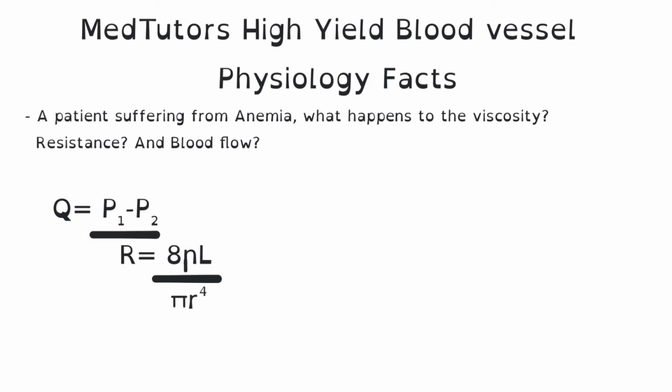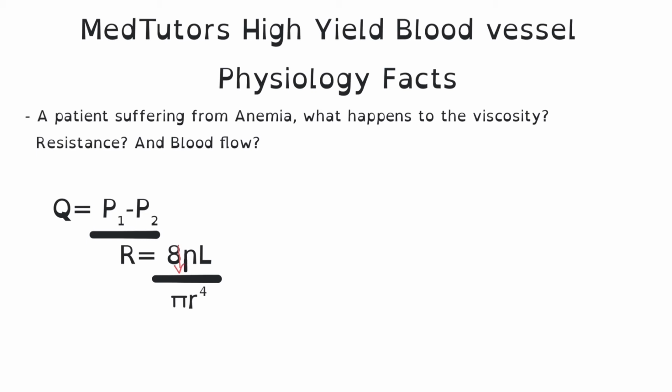Resistance is going to have a direct relationship with viscosity and length. We are going to have an inverse relationship with r, the radius, to the power of 4. A patient with anemia is going to have a decrease in viscosity.